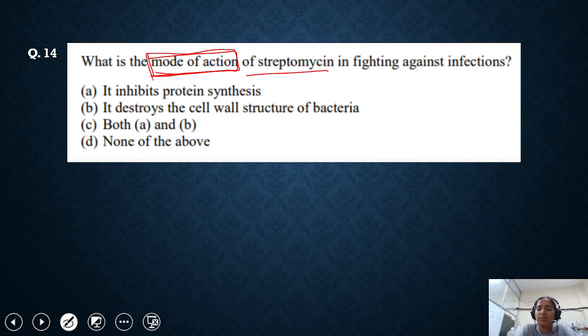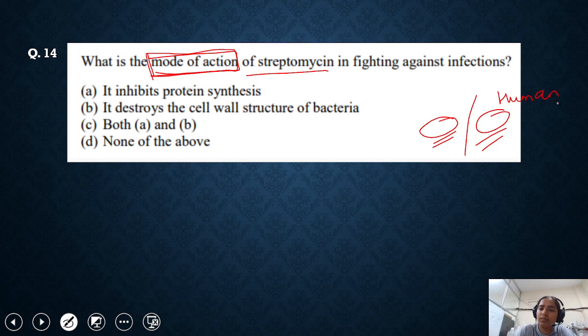Then you must know the mode of action, how it will target and whom it will target. And one major thing, how to differentiate whether it will attack only the microorganism or it will start affecting the human cell, or why it won't attack the human cell, why it will attack only the microorganism. This difference is really important that you must know.